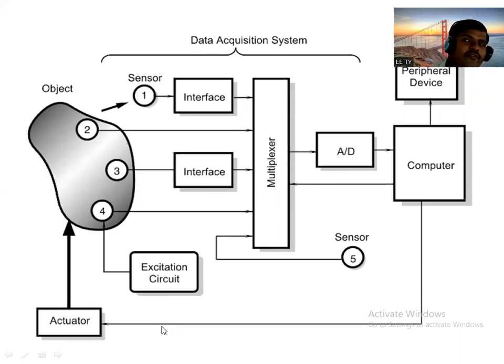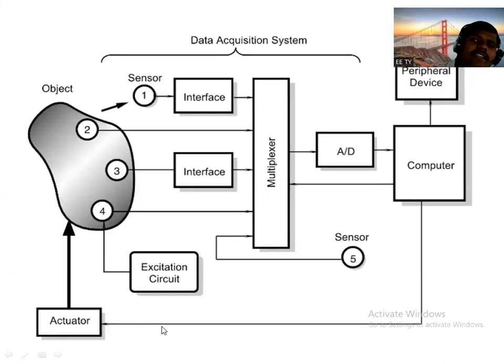Now sensor 5 is an intrinsic type of location. What is meant by intrinsic? Connected. Where is it connected?